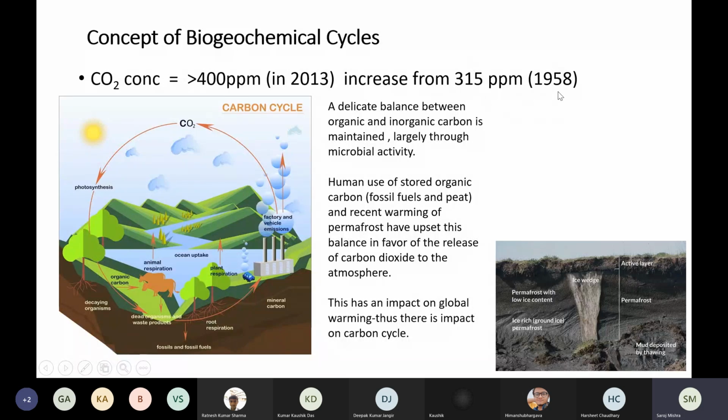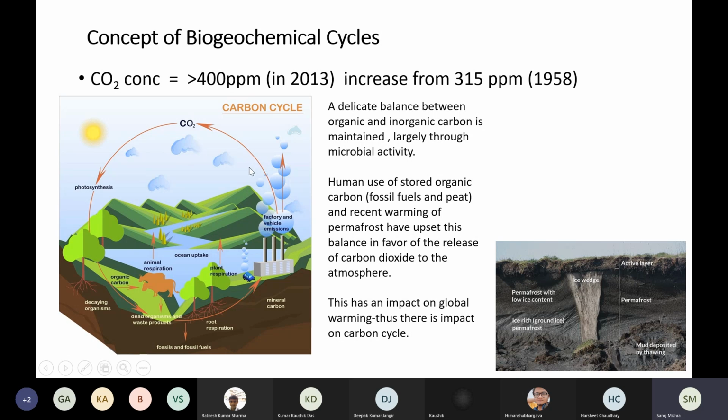The CO2 concentration is an indicator of how much carbon is present in the environment, because carbon doesn't appear freely, but rather as carbon dioxide. The concentration measured in 2013 is more than 400 ppm. So the amount of carbon present in the form of CO2 has considerably increased over the last 60 years or so.